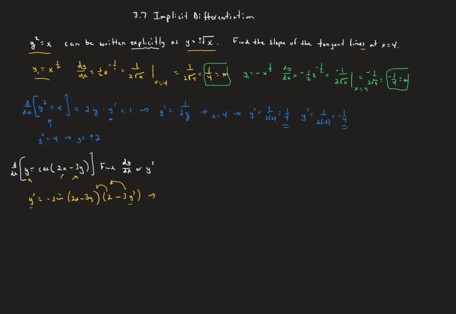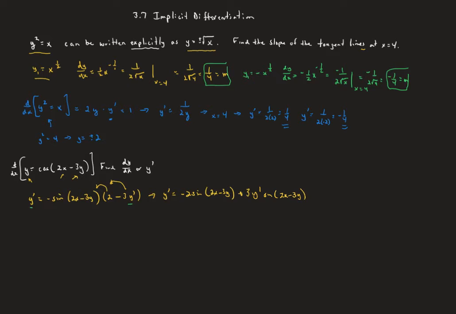So from here we have y prime is equal to negative 2 sine of 2x minus 3y. And then we're going to get the negative 3 times the negative in front of the sine. We'll make that a plus 3y prime sine of 2x minus 3y.